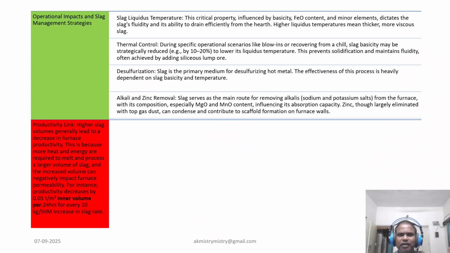Now, coming to a very important area of the slag properties, which have a profound operational impact. Its liquidus temperature is critical, governing fluidity and its ability to efficiently drain from the hearth.